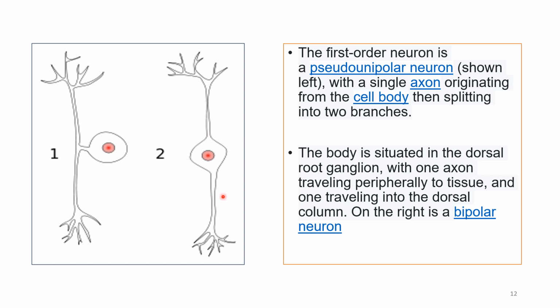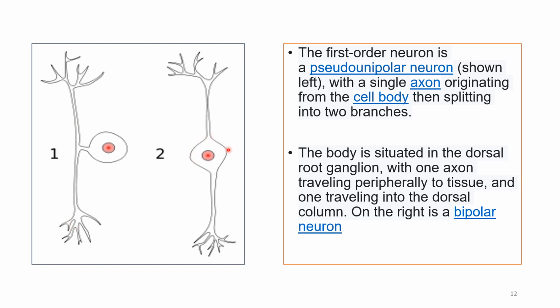Here you can see the second figure, it is a bipolar neuron. Here we are describing the pseudo-unipolar neuron. This is the pseudo-unipolar neuron, this is the bipolar neuron. What is the difference? I already explained. In the pseudo-unipolar neuron, first a single axon arises and it will split.